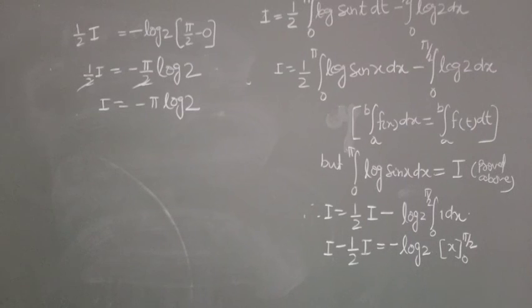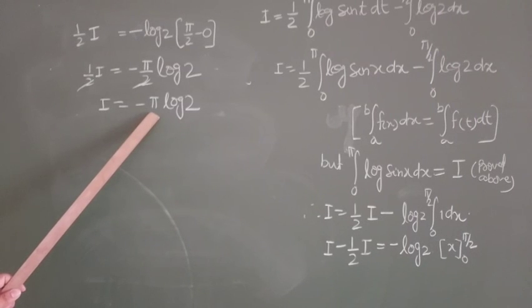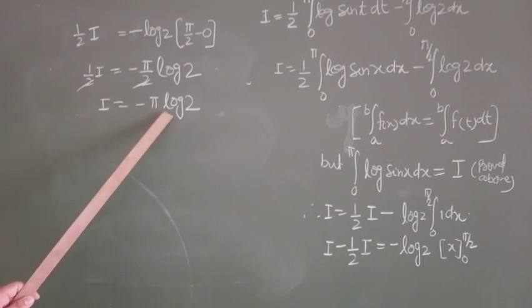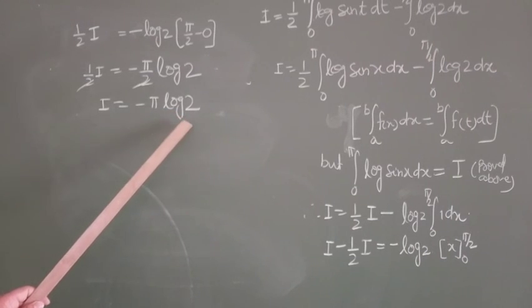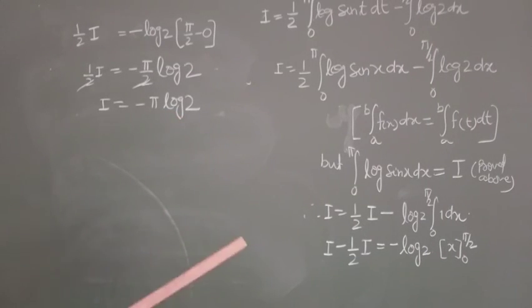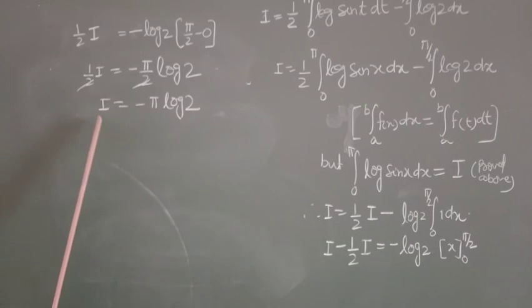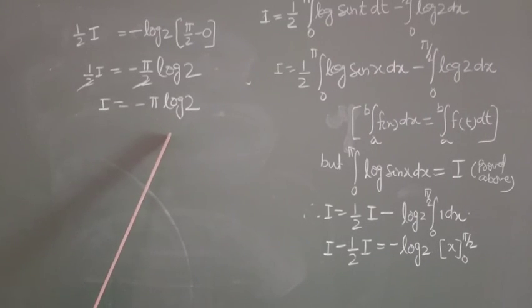Okay students, now this is the answer. So its answer is minus pi log 2. So students, you have seen we have applied 3 times property of definite integral to get the answer. Okay then.